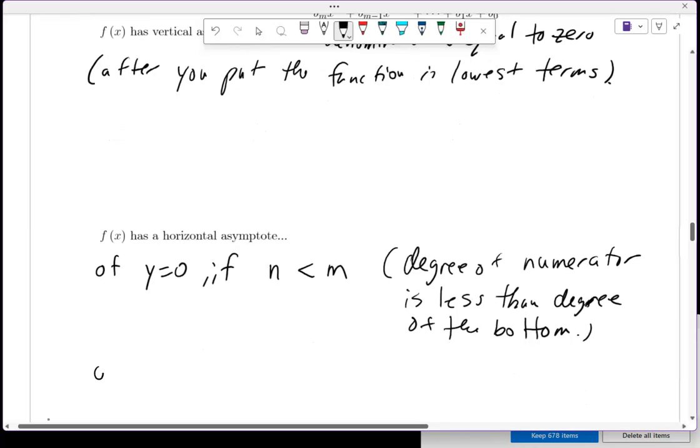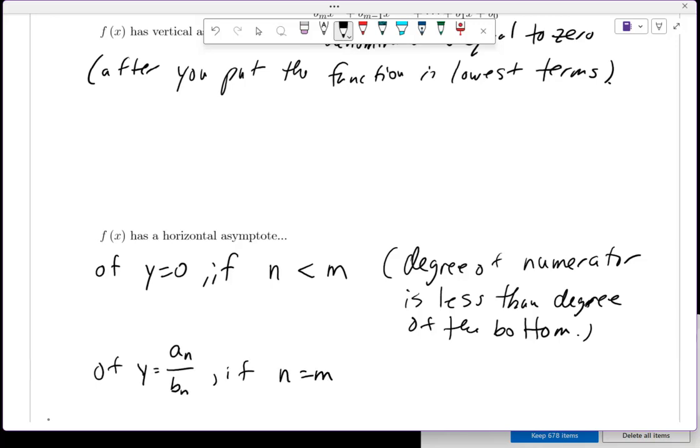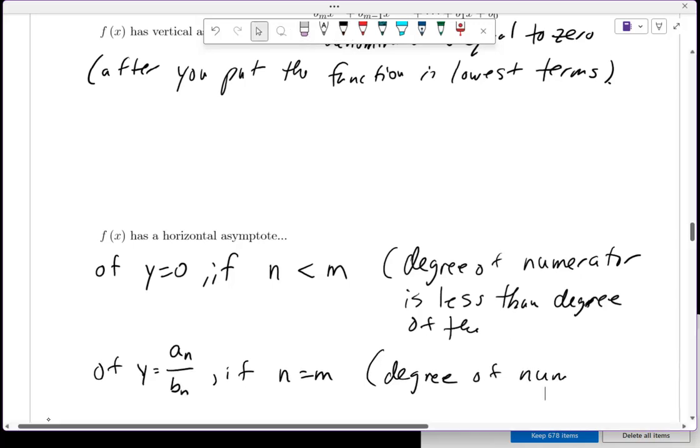And we also get a horizontal asymptote of y equals a sub n over b sub m if the two are equal, if your n equals m. So it's the degree of the top. I don't know why I wrote numerator on one and bottom on the other. I'll write denominator just to make it consistent.